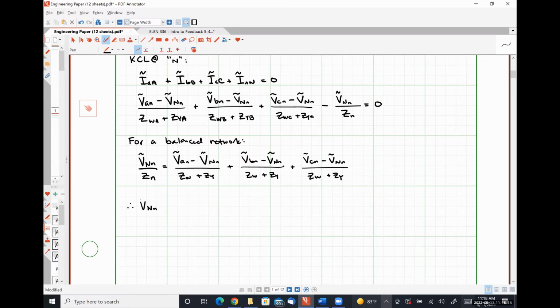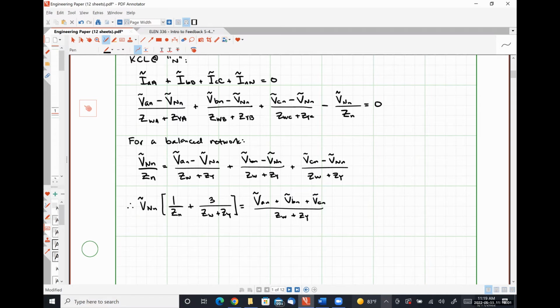VNN multiplied by 1 over Zn plus 3 over ZW plus ZY is equal to VAN plus VBN plus VCN, all divided by ZW plus ZY. Okay.